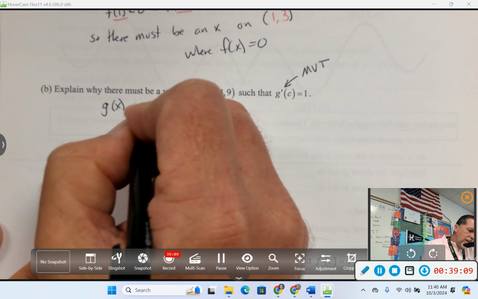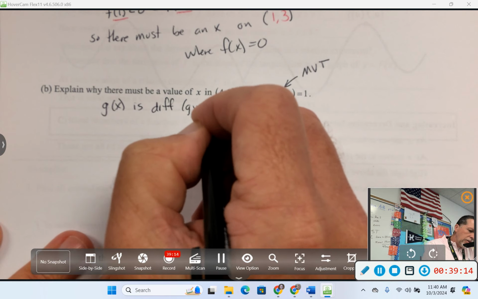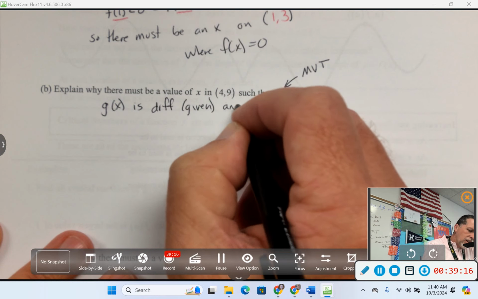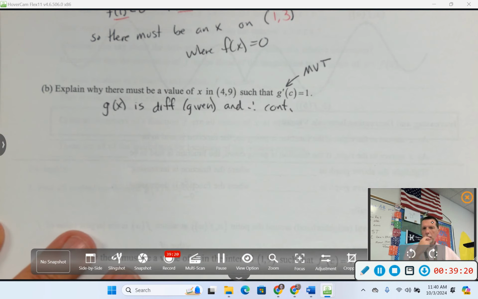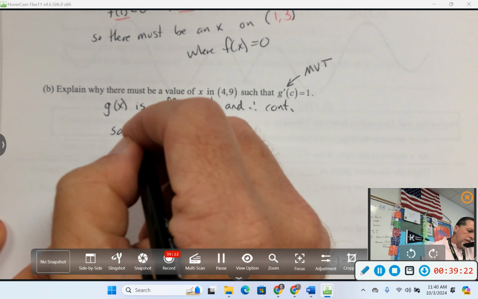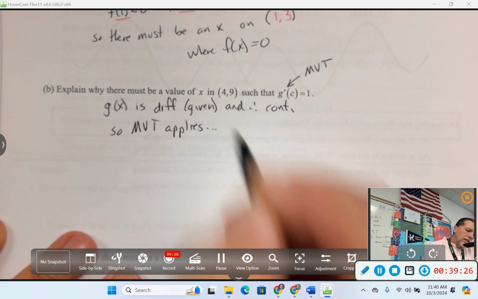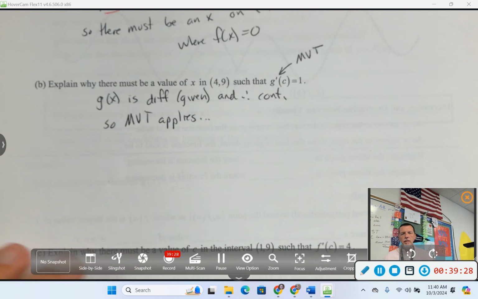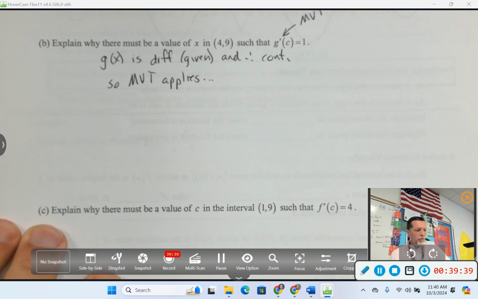G of x is differentiable. That was given to us. And therefore continuous. So MVT applies. Yay, I can work the problem. Although, again, if it doesn't apply, that also means you don't have to work the problem. MVT: calculus slope equals algebra slope.